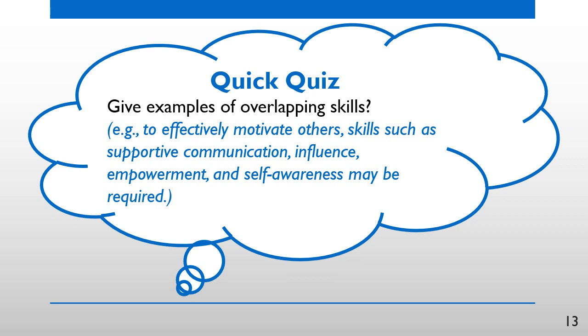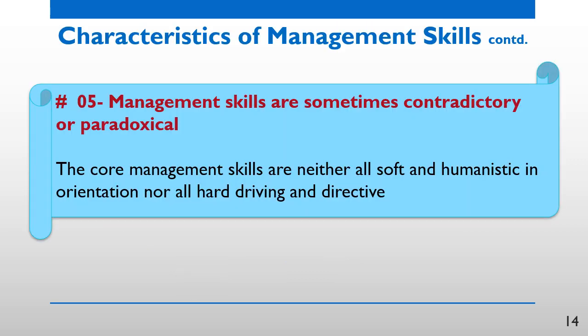That is called self-awareness. Then you would know what motivates you and how you can motivate others. So, like this, you are expected to brainstorm and think of more and more overlapping and interrelated skills.